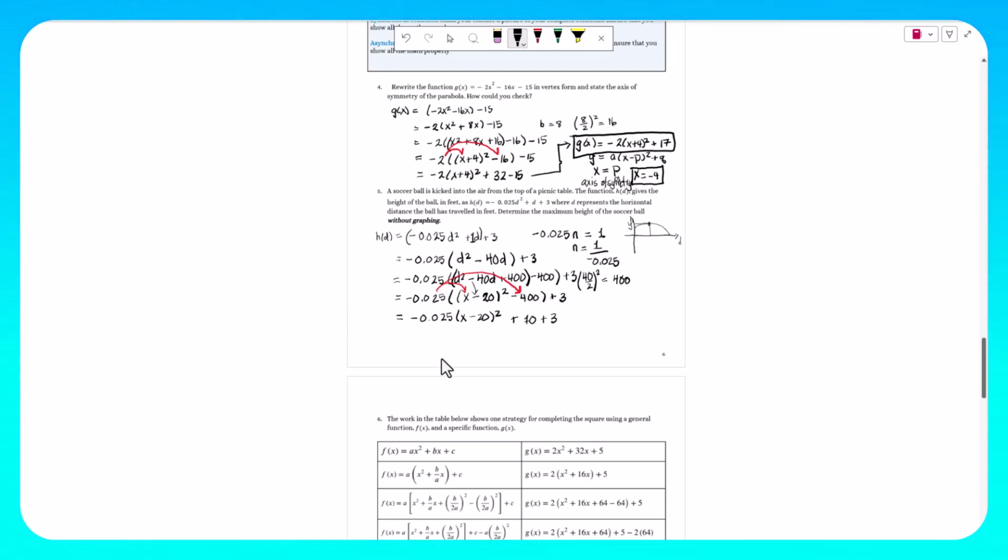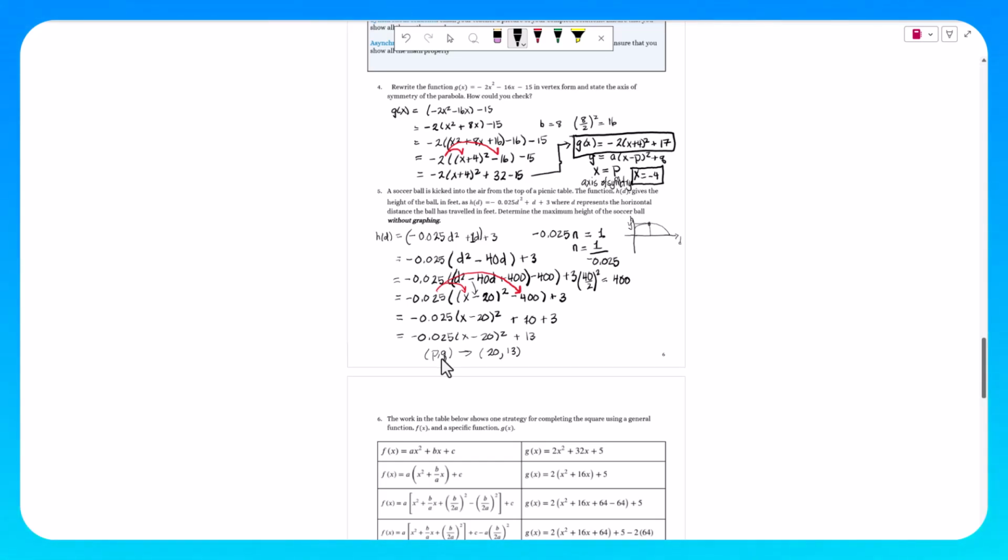And then we're just going to go ahead and gather up those like terms at the end. And now we have a very pretty polynomial in factored form. But the question asks, determine the maximum height. So that means I need to know what is P and what is Q. Well, in this case, the P is 20 and the Q is 13.